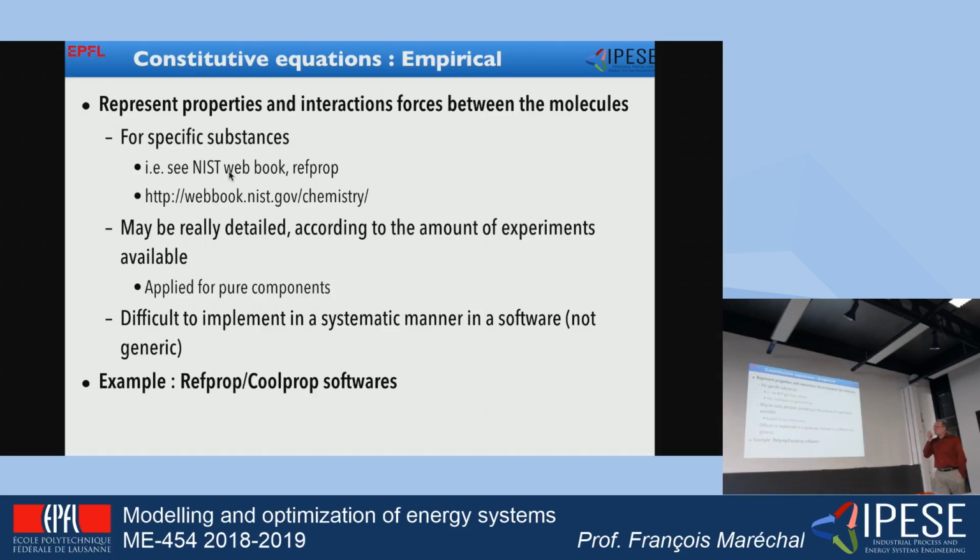The NIST is also proposing some tools like RefProp, or there is also another one that is CoolProp. RefProp is for refrigerants and CoolProp is for refrigerants as well. CoolProp is open access, RefProp is proprietary. They use the data that are in the webbook here and allow you to make calculations about properties of pure compounds, mainly for thermodynamic cycle calculations.